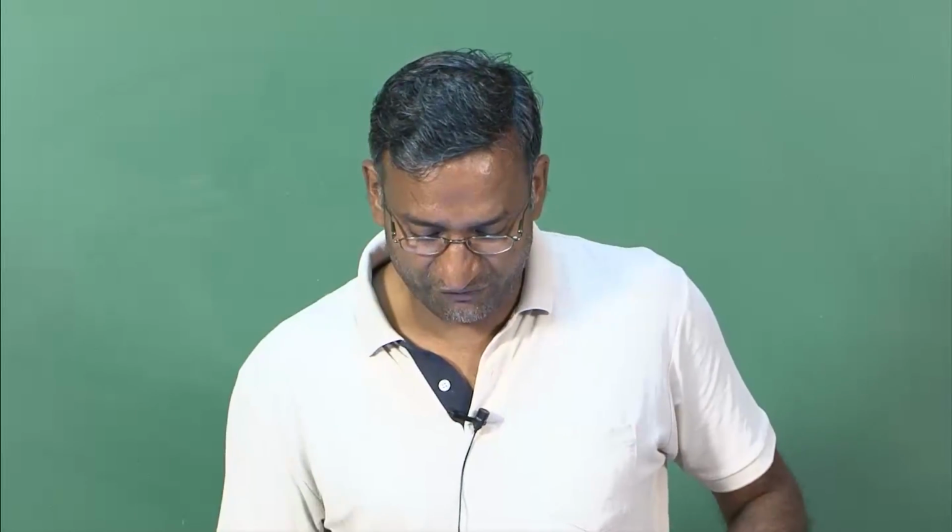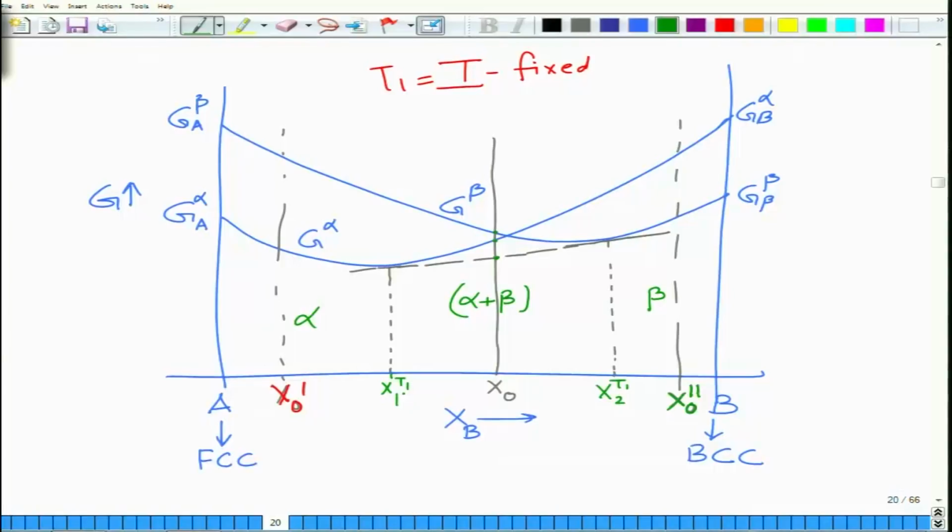So, what we see here is a single phase region alpha below composition X1 T1. So, anything below X1 T1 will be in single phase alpha form. For instance, X naught prime is single phase alpha alloy. Similarly, X naught double prime which is above X2 T1, in this region alloy will exist in the beta phase form which is BCC structured.